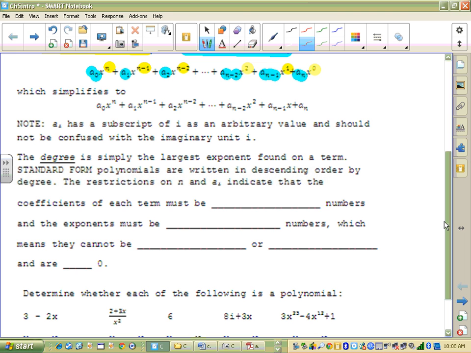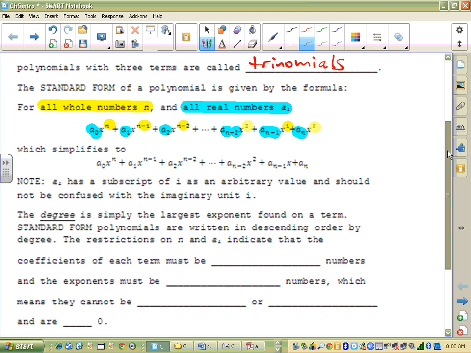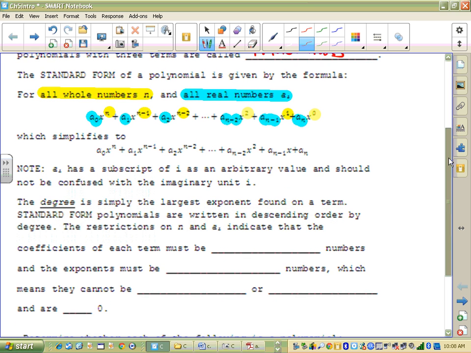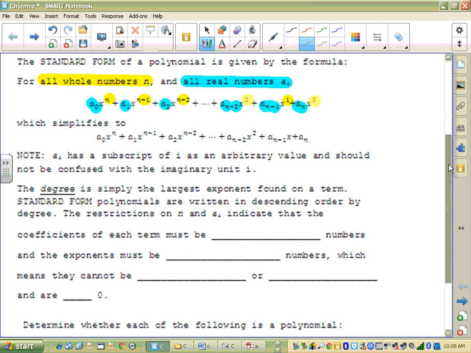So the restrictions on n and a sub i indicate that the coefficients are the a sub i's, and they have to be real numbers. The coefficients must be real numbers.